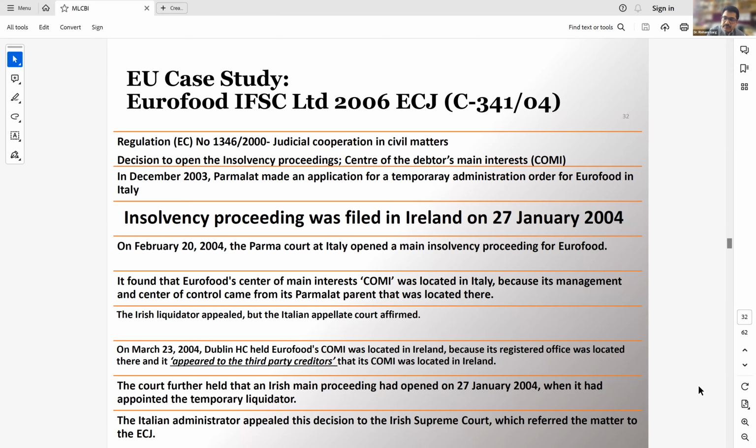Although this may not be a binding precedent for India, it is a useful guidance for all the insolvency practitioners on how insolvency issues are taken up, challenged, argued, and decided in some foreign jurisdictions. So, in case anyone has any questions, any doubts, you are most welcome.